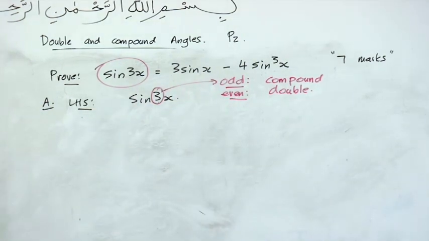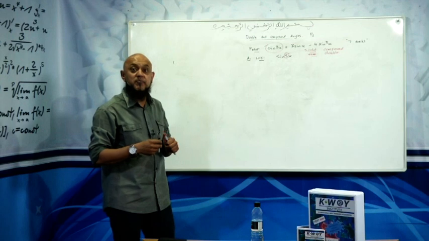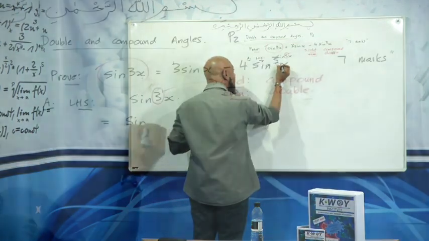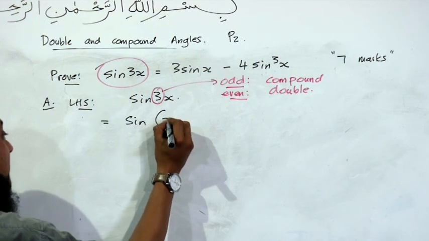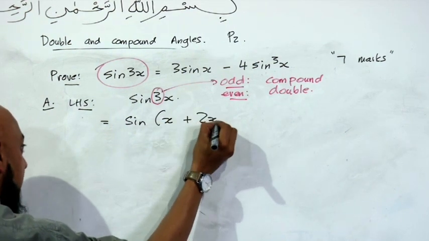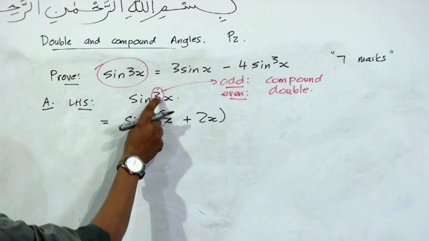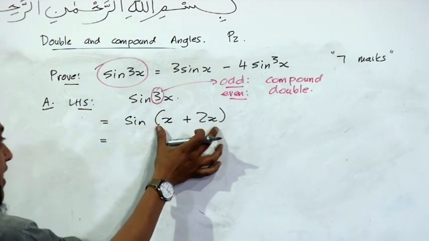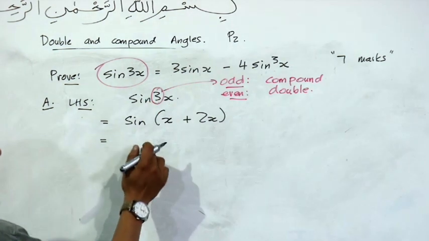So sine 3x, whether it's 3, 5, 7, you will use your compound. So you'll break it up into your compound angle formula. So sine 3x as a compound would be sine of x plus 2x. 1x plus 2x will give me 3x. And that's a compound angle.